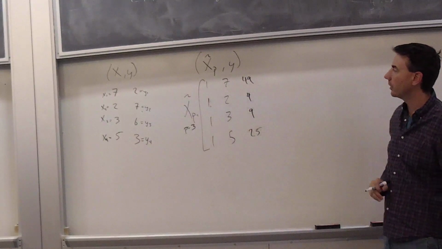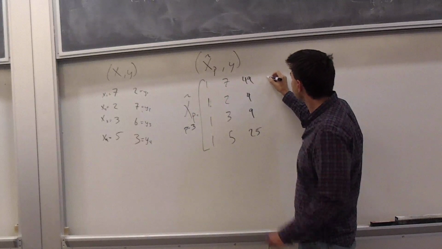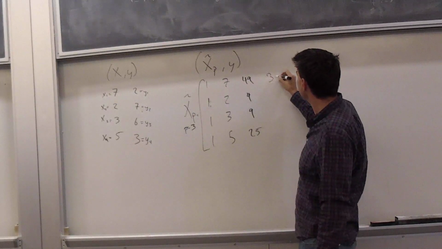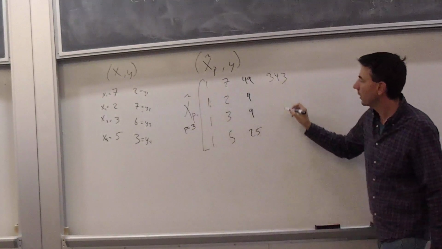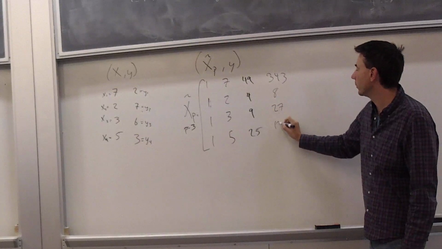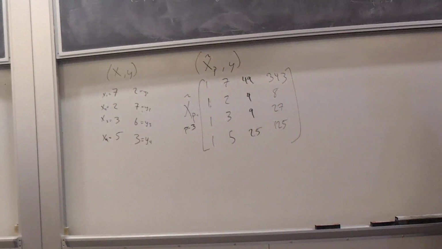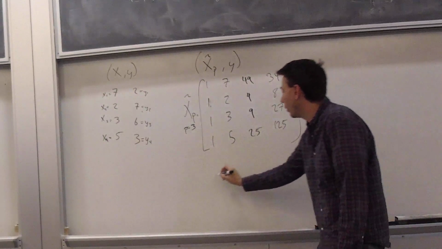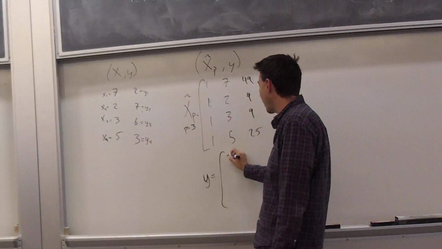And then the third power, I gave myself a hard one here: 343, 8, 27, 125. Okay, so this is x tilde p, and then y is the same as before. So y is unchanged.